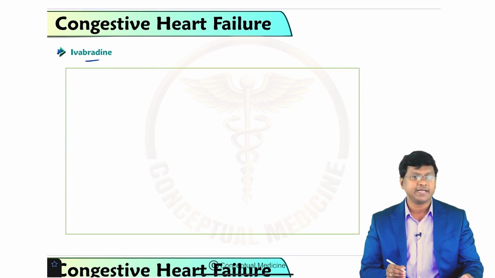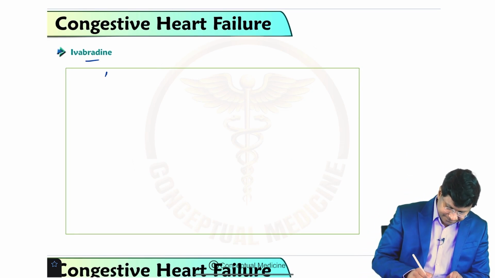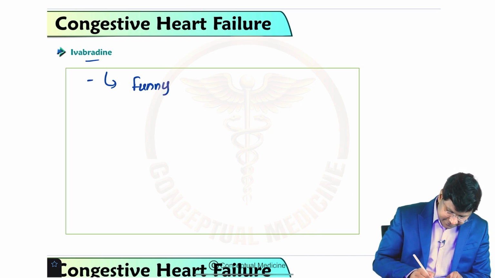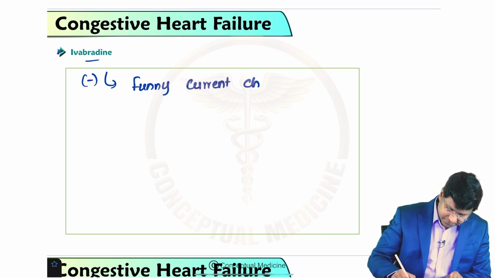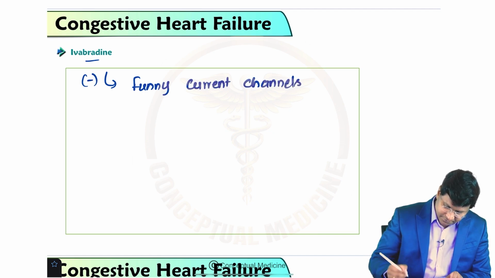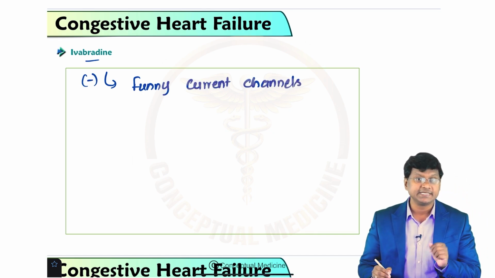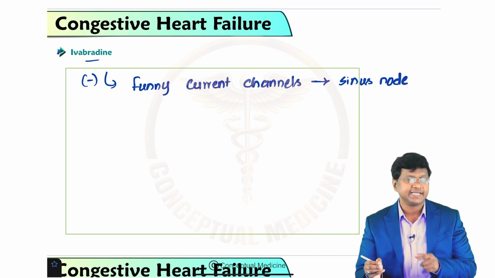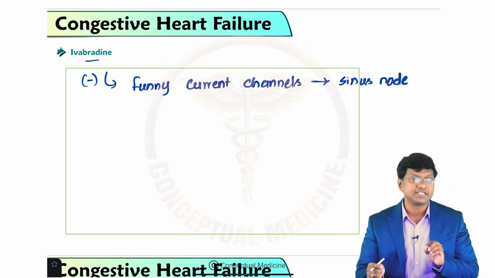So ivabradine inhibits the funny current channels in the sinus node, and this ivabradine has a specific effect on slowing the sinus rate.